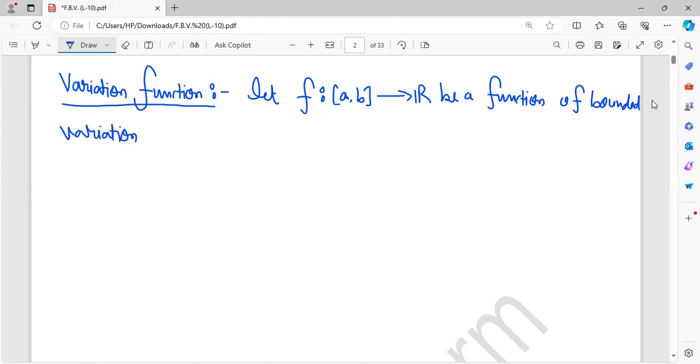Now we know that if a function is of bounded variation, and you take any subinterval of [a, b], then the function is also a function of bounded variation on that subinterval. We have seen this theorem in the last lecture.